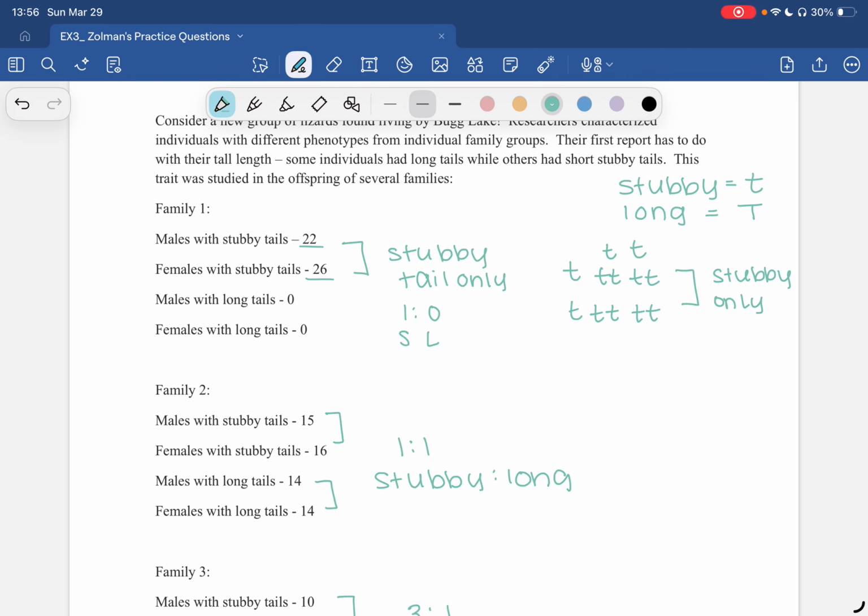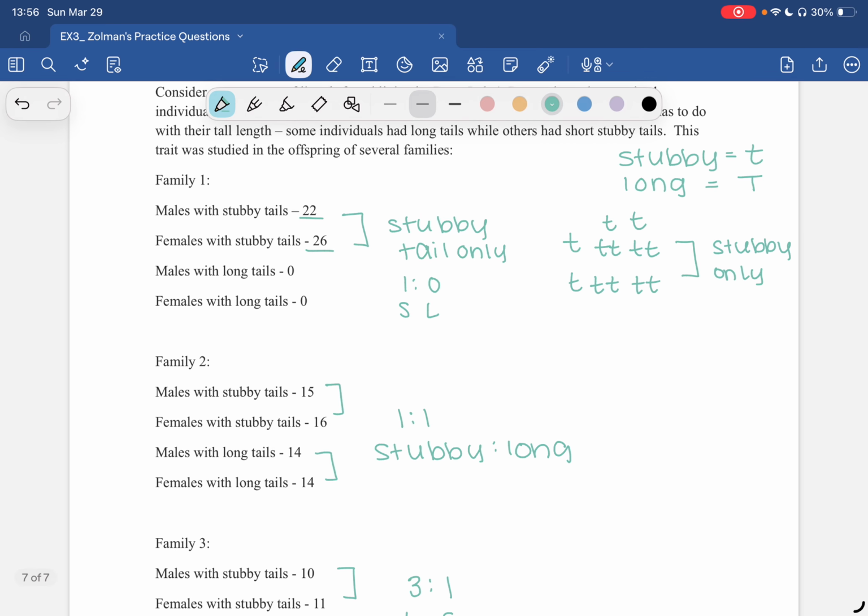Okay, and then in the next family, it looks like you have a 1-to-1 ratio. So again, thinking back to memorizing those ratios, it's important to know that if you take a heterozygous individual and a homozygous recessive, that is what will get you that 1-to-1.